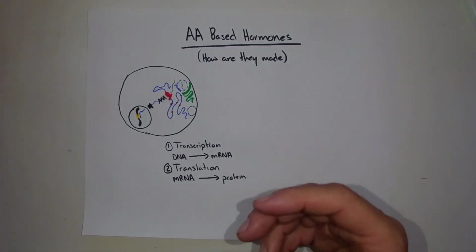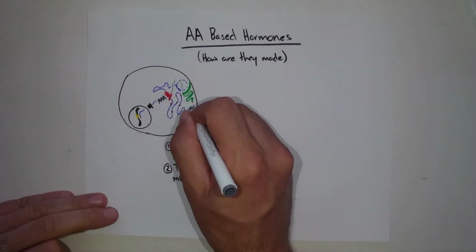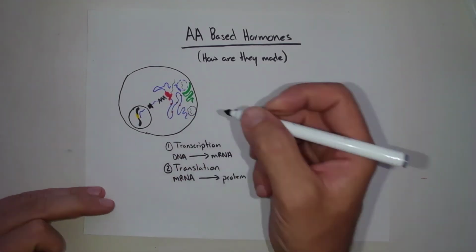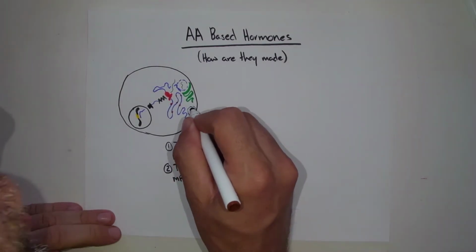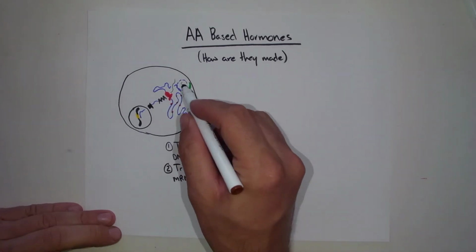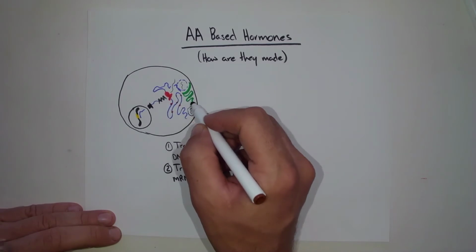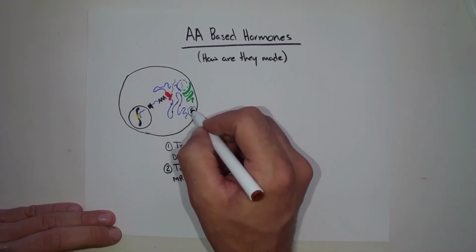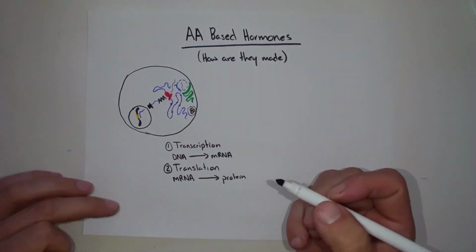We might snip an end of that protein. We might add a carbohydrate tag to it. We're going to change what's called a pre-pro hormone through post-translational modification into the final hormone.